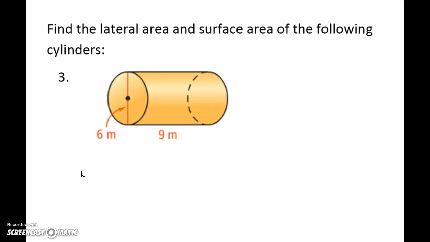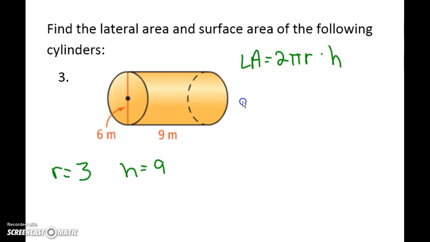Let's do an example. Here they give me a diameter of 6, so the radius must be 3. I want to start off with the lateral area. That's equal to the circumference, it's 2 pi r, times the height. Well, my height is 9, so my lateral area equals 2 pi times 3 for r times 9 for h. 2 times 3 is 6, times 9 is 54 pi for my lateral area. Now let's look at the surface area.